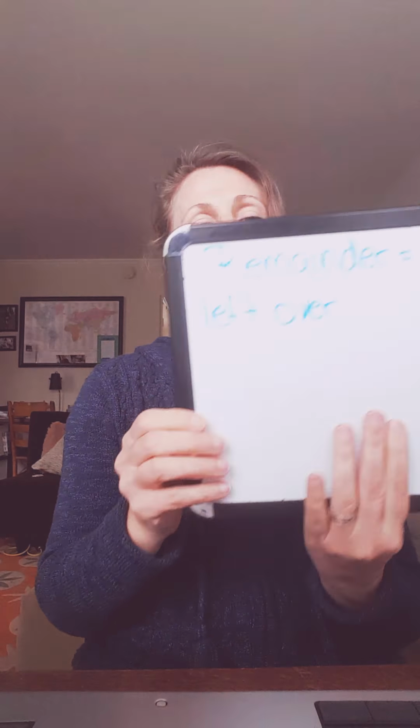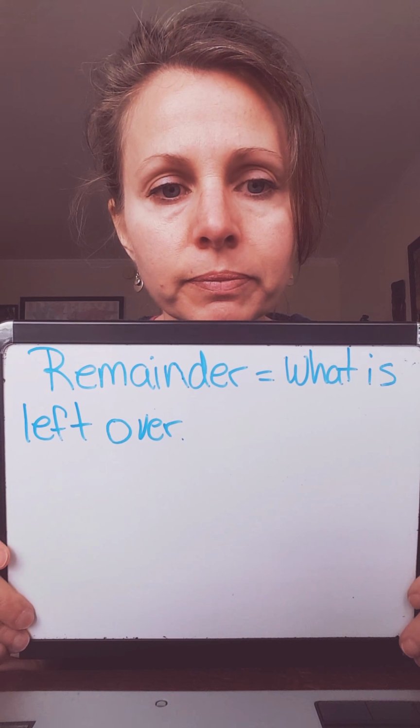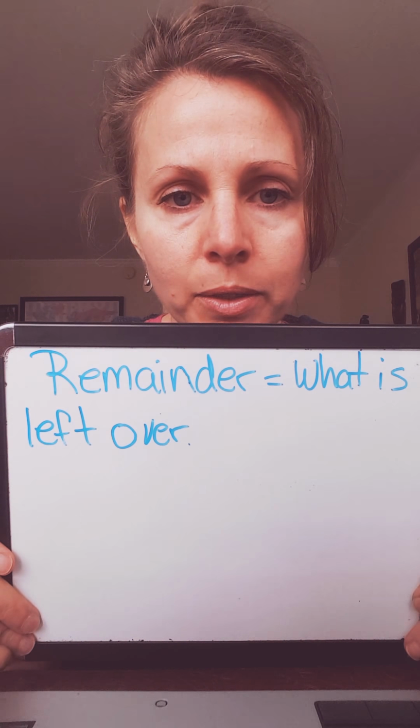So the first thing I want you to do is get your math notebook out and turn to your term page. Let's add remainders as a term on our term page of definitions. This is how you spell it: remainder. We've talked a lot about remainders.